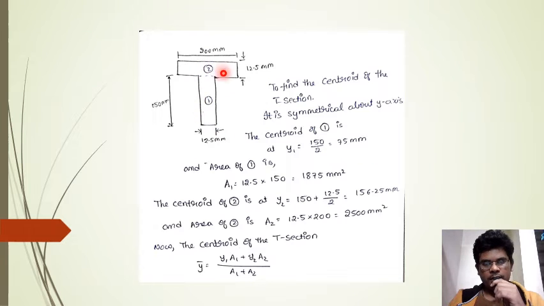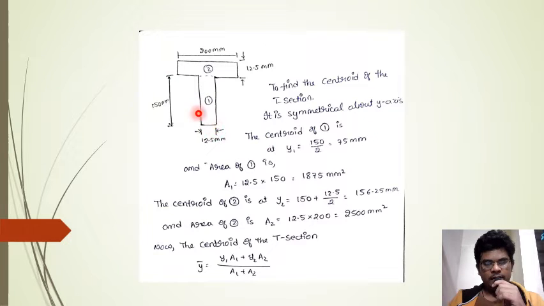Now, first to find the centroid of the entire T section, we are going to find the centroid of this first one. So the centroid will be at the midpoint of this rectangle, that is 150 by 2. Why we are taking 150 by 2 is because it is symmetrical about the y-axis.